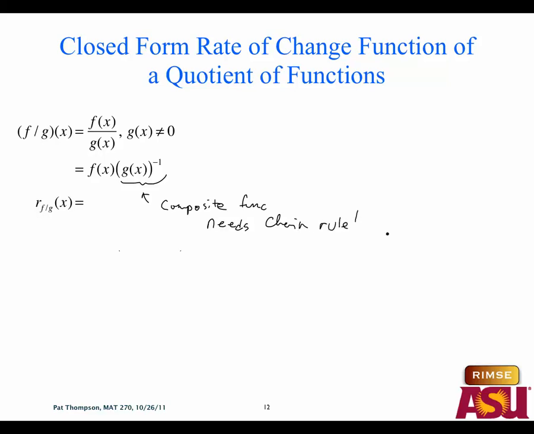So you are using the chain rule within the product rule. Everyone, see if you can write out what this will be. You're writing out the product rule, and when you get to the rate of change of the second one, that piece will be using the chain rule. See if you can do it.